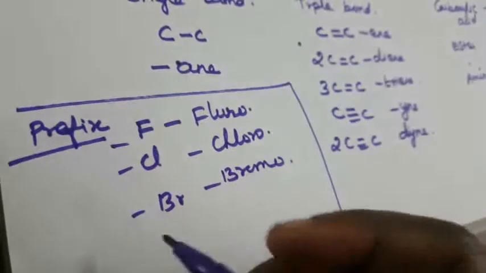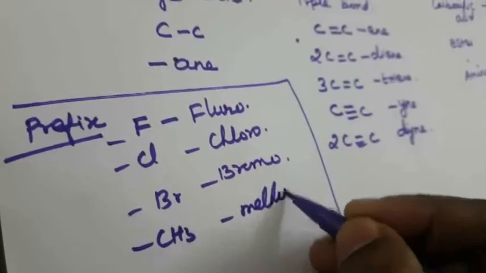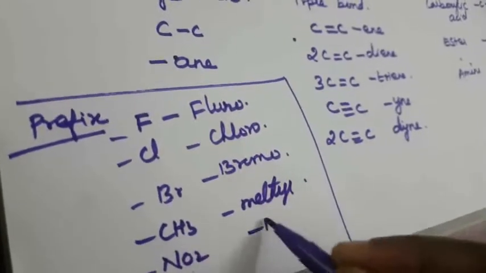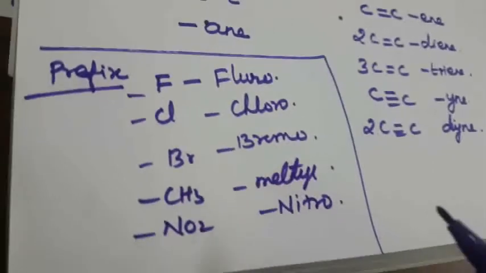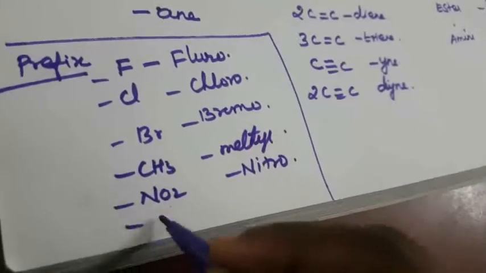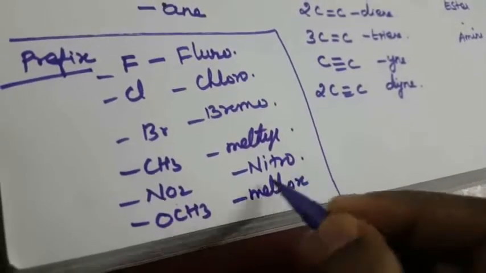Next one is CH3, how to write? Methyl. NO2 means nitro. Then OCH3, how to write? Methoxy.